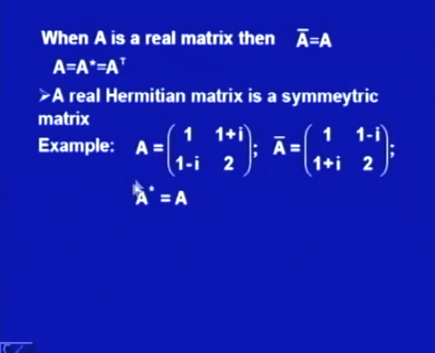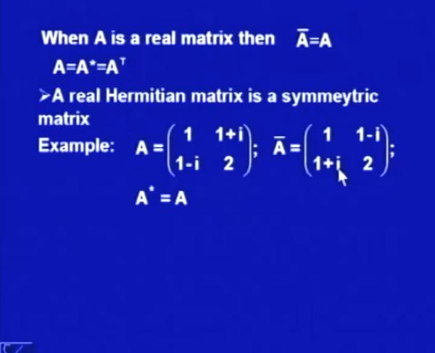Let us take an example. We have a complex matrix. The diagonal elements are 1 and 2, and 1 plus i and 1 minus i are non-diagonal elements. So, let us calculate its conjugate. The conjugate of 1 is 1, conjugate of 2 is 2, conjugate of 1 plus i is 1 minus i, and conjugate of 1 minus i is 1 plus i.